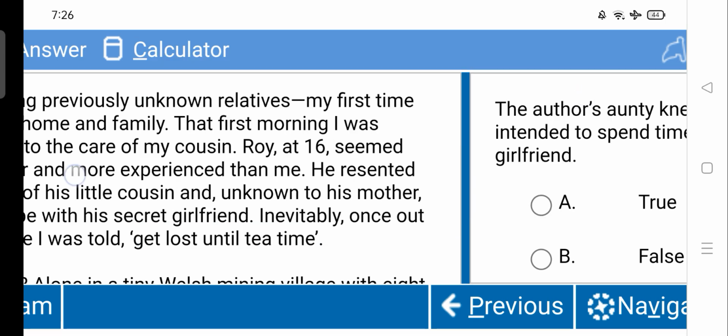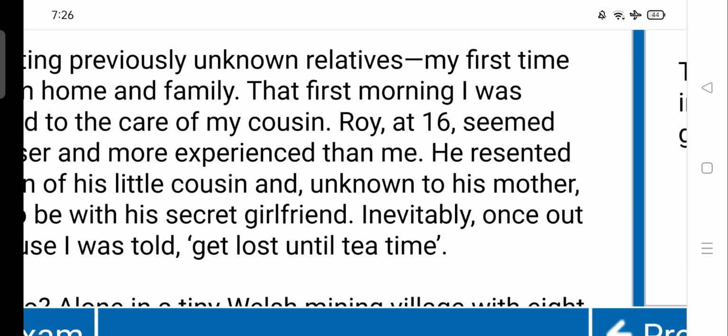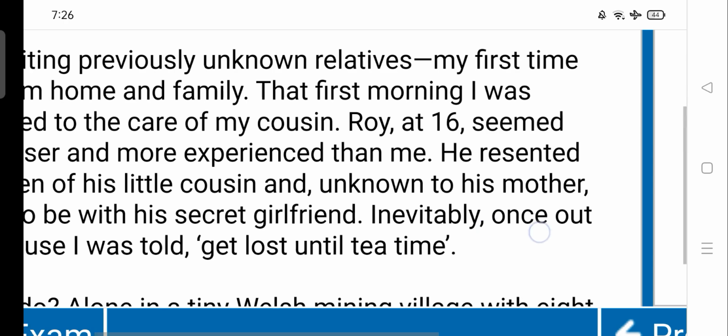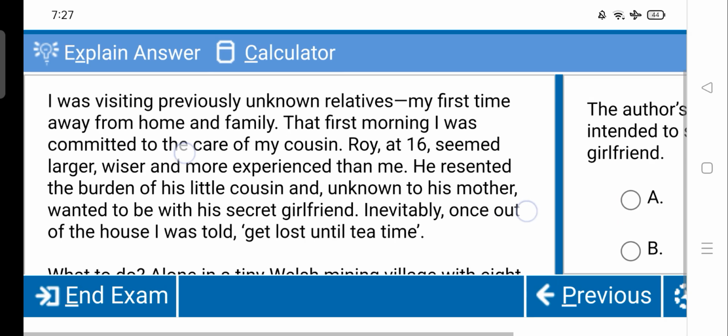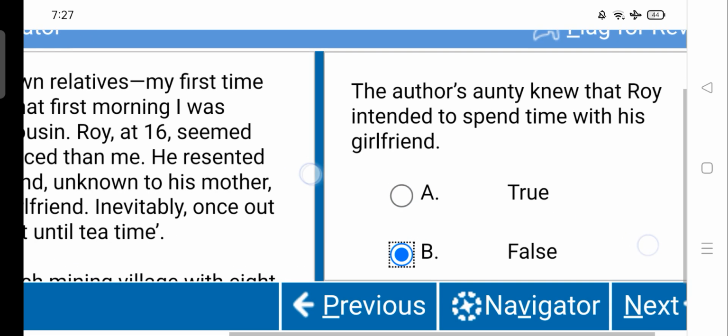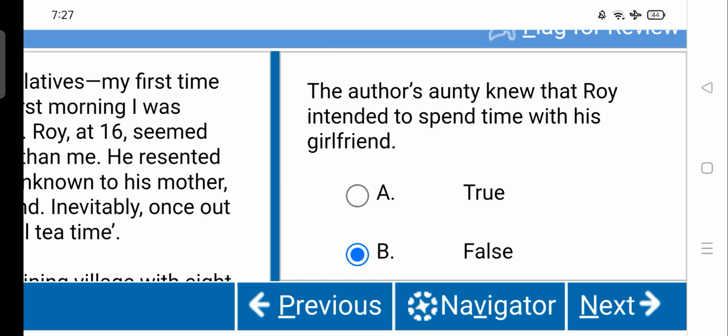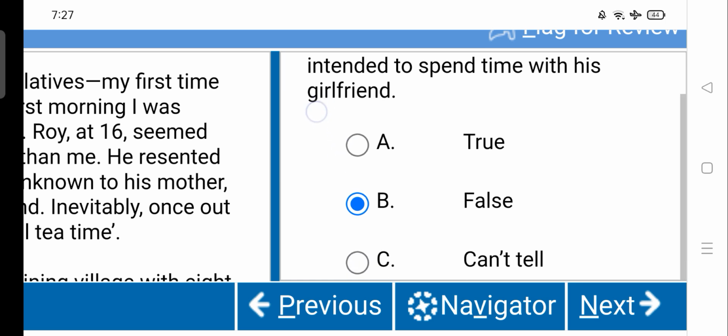Because of this statement in the passage, where he resented the burden of his little cousin and, unknown to his mother, wanted to be with his secret girlfriend, the statement that the author's auntie knew that Roy intended to spend time with his girlfriend is false. So option B is correct, which is false.